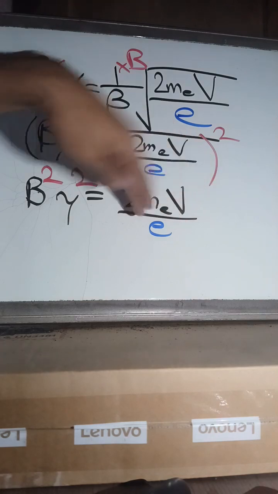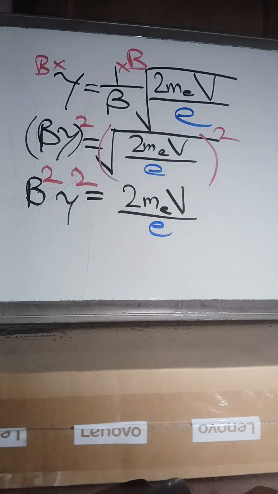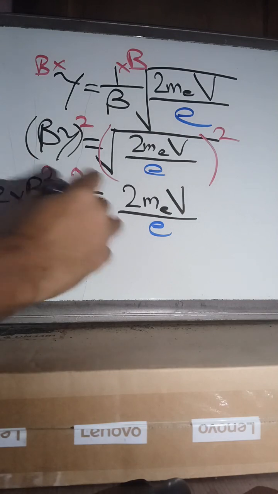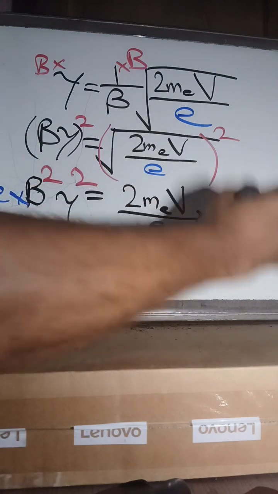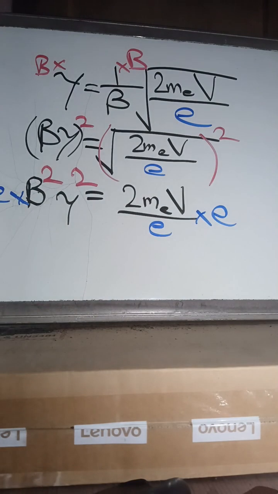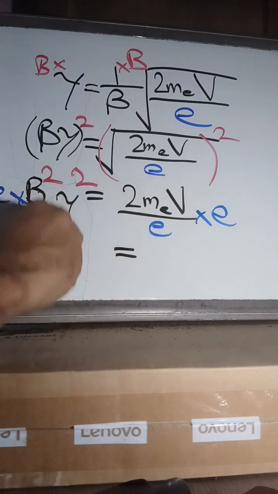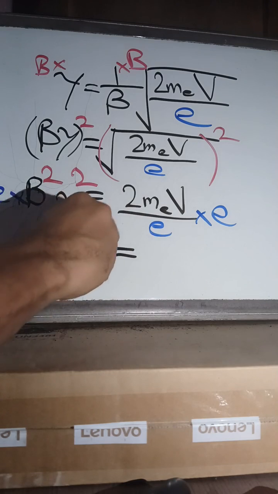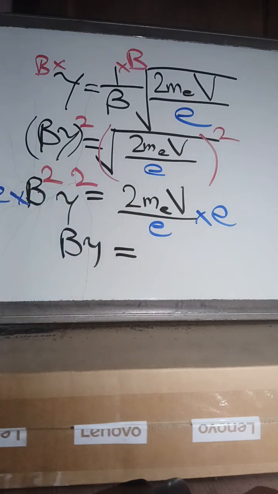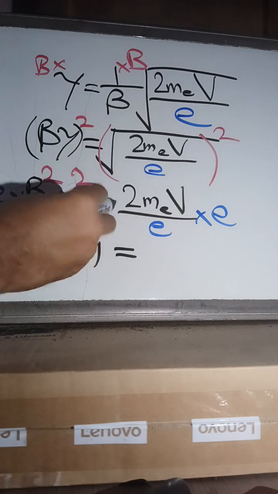We multiply this letter by both sides, so you're going to end up with E times all of that. Let me write what that should look like.